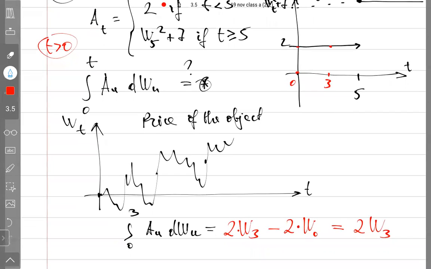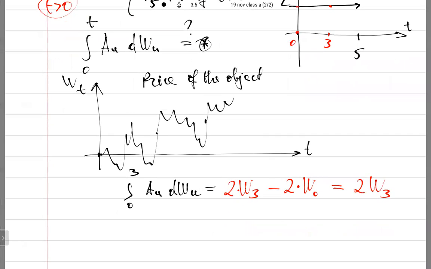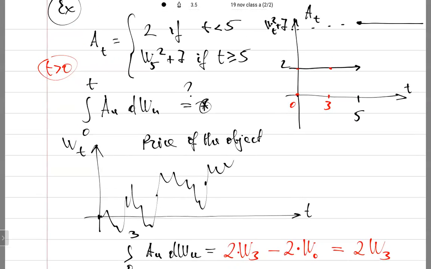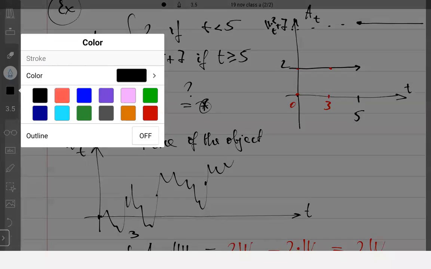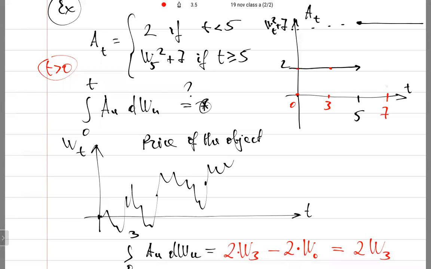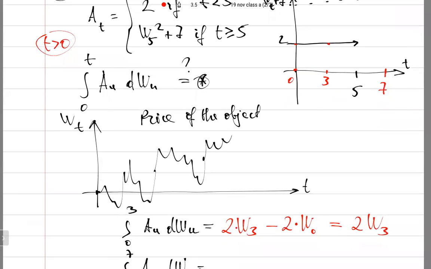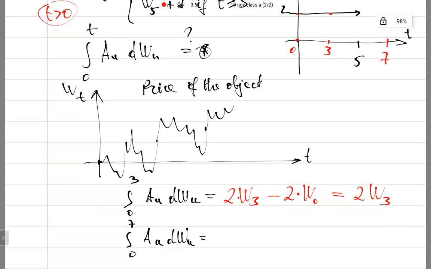Okay, let's consider another endpoint. Let's consider endpoint 7, the integral of A_u dW_u. So what will happen? At the final moment of time, which is now 7, what will be my welfare at the endpoint?